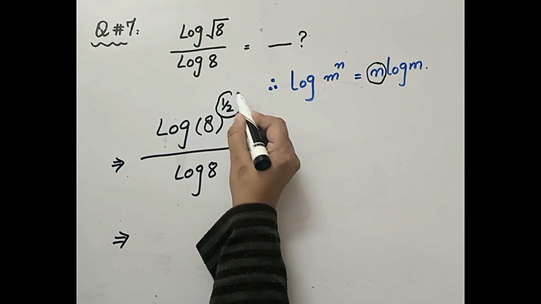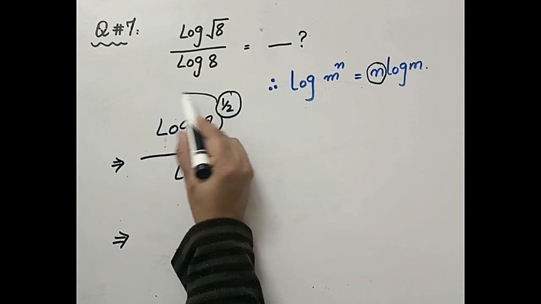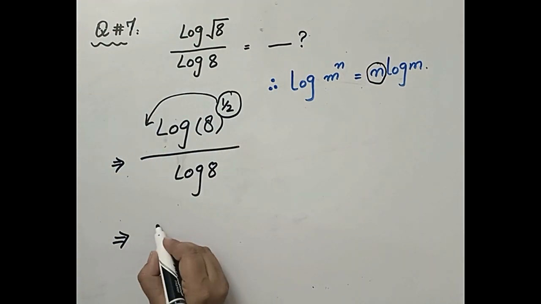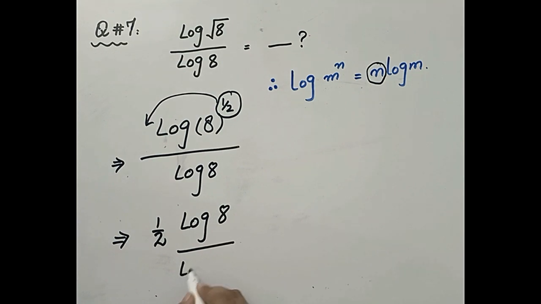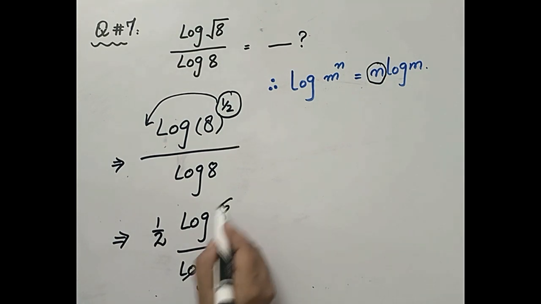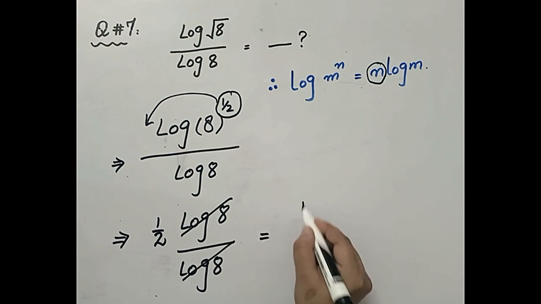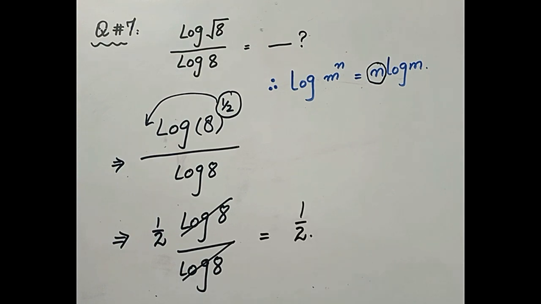This is a power, so it will come out of the logarithm. It's 1 by 2 log of 8 by log of 8. Log of 8 is cancelled. So remaining is 1 upon 2. So here the correct option is 1 upon 2.